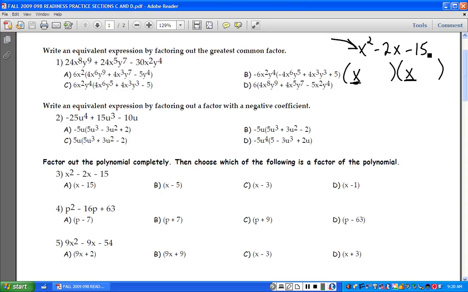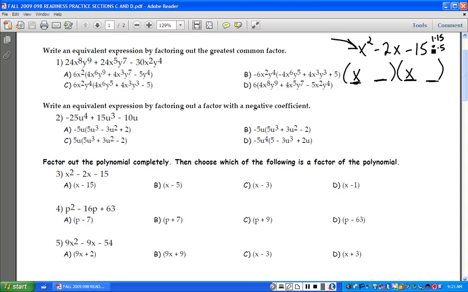Okay. Now, by this negative 15 being in the last position, I know whatever I put here times whatever I put here has to give me a negative 15. Well, I know just in general, basic factors of 15 are 1 and 15 and 3 times 5. These are the two sets of factors that will give me 15.